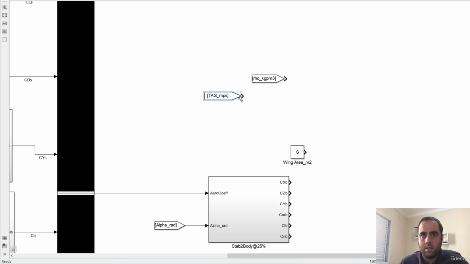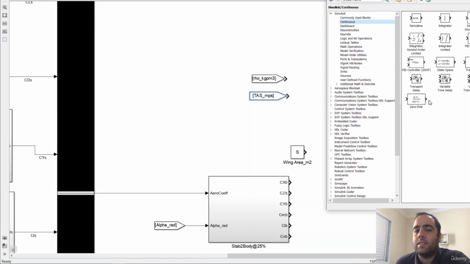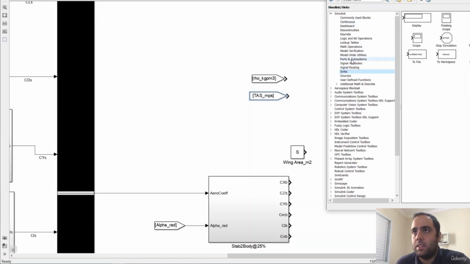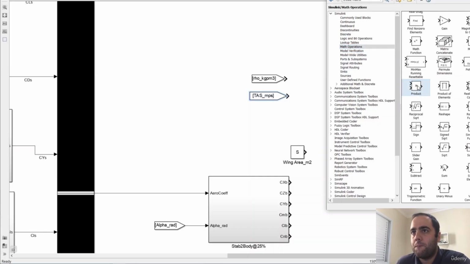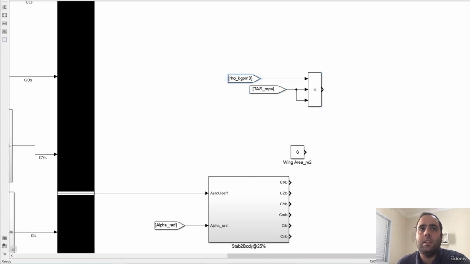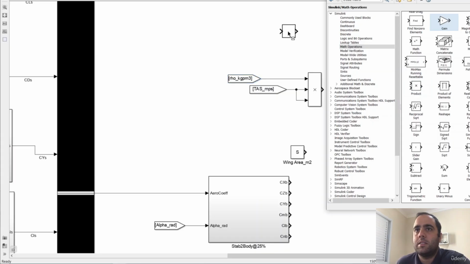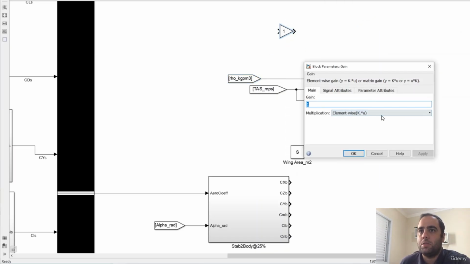Okay. So the definition of dynamic pressure is half the density times the square of the velocity. So let's grab a multiplication block here, and here I can put the density again and multiply it by half, so 1/2.